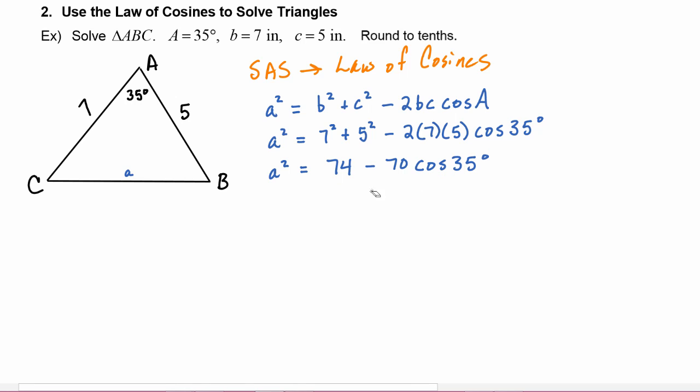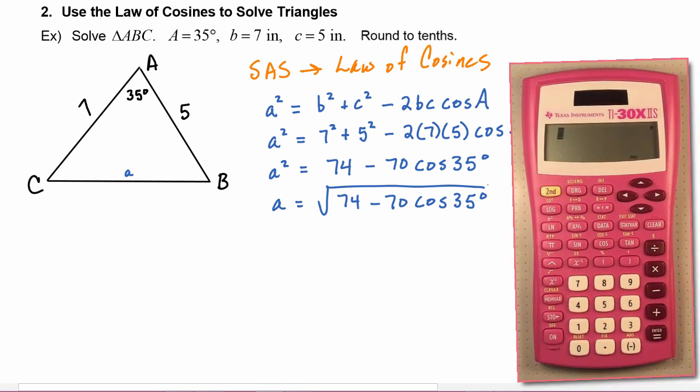These are not like terms, so they cannot be combined. Occasionally, someone will make that mistake where they think they can subtract the 74 and the 70, but you cannot because these are unlike terms. So to find A, we will have to take the square root of 74 minus 70 cosine of 35 degrees.